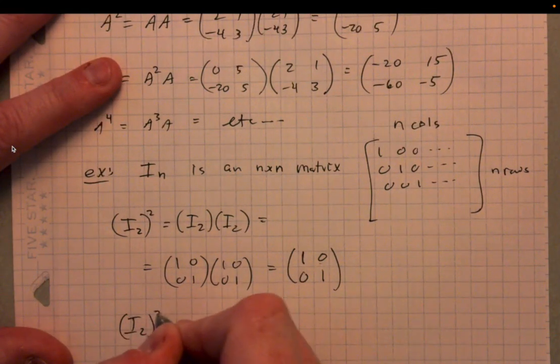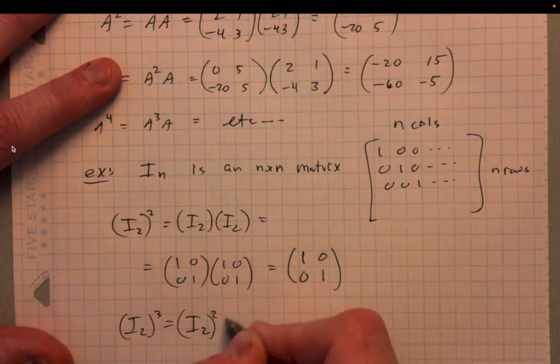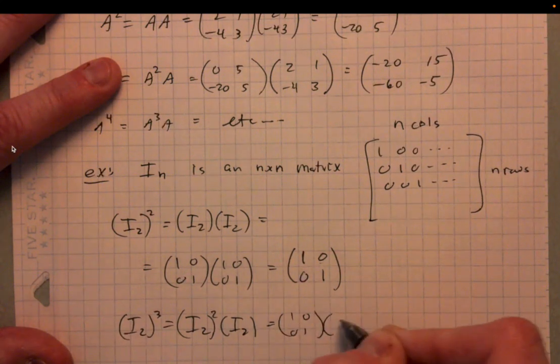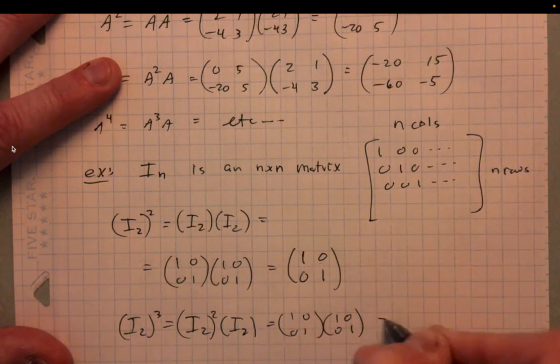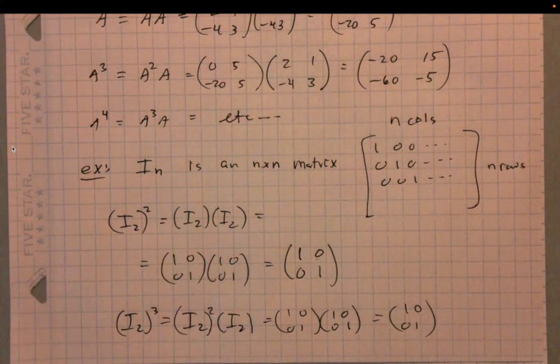And if I cube I2, that's going to be I2 squared times I2, which we know is [1, 0; 0, 1] times [1, 0; 0, 1], which is going to be [1, 0; 0, 1] again. And so, kind of like with real numbers, where 1 raised to any power is always 1, it's the same idea with identity matrices.